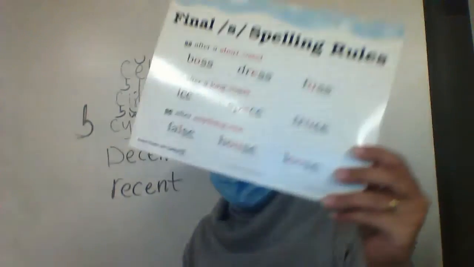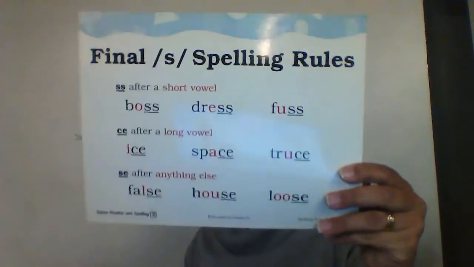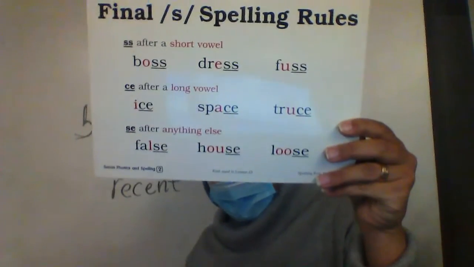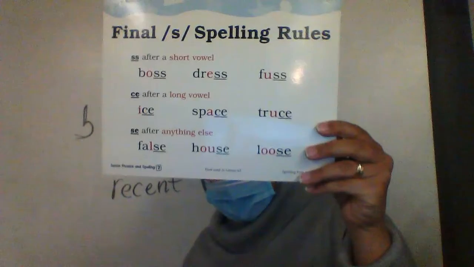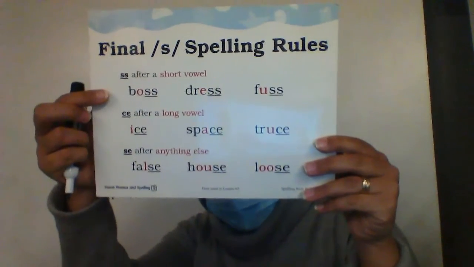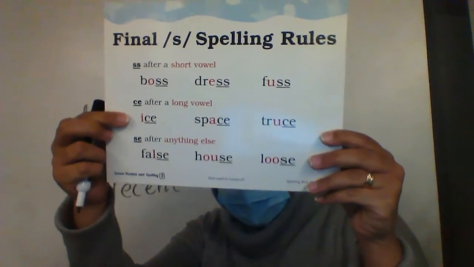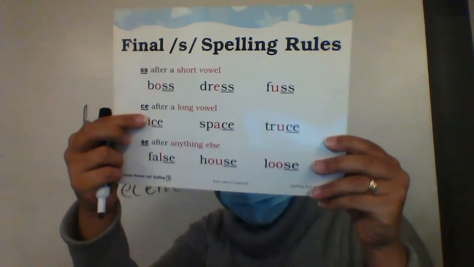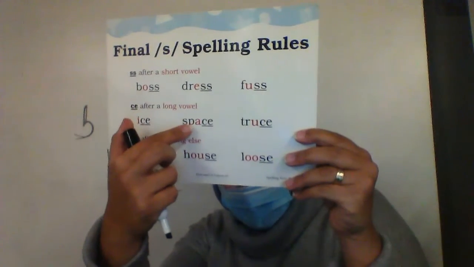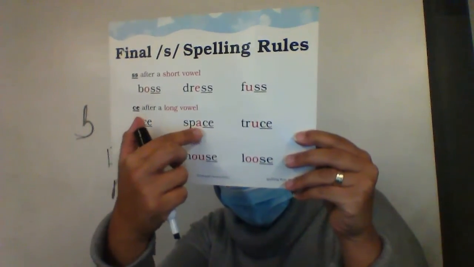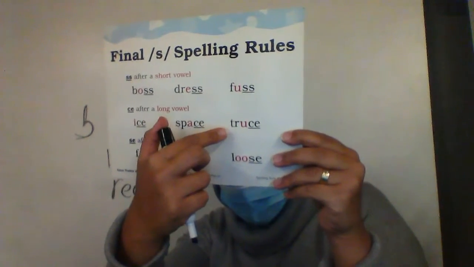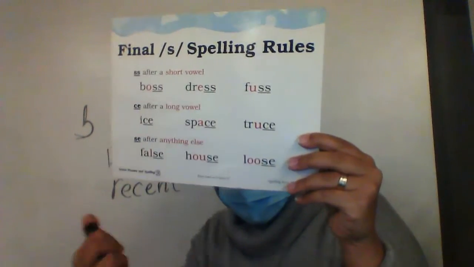Very good. So whenever we see this, I have a new wall card for us. It says final S spelling rules. SS after a short vowel sound, like boss, dress, or fuss. CE after a long vowel sound, like ice, where the I is long, space, and truce.